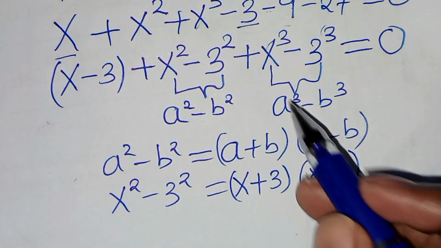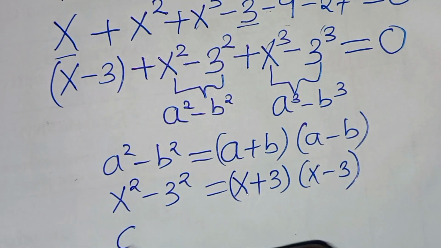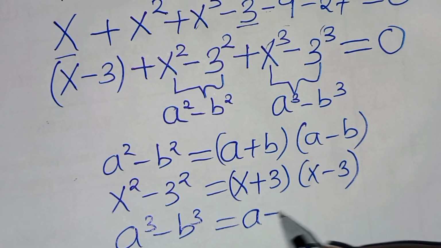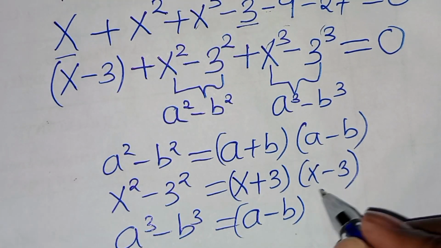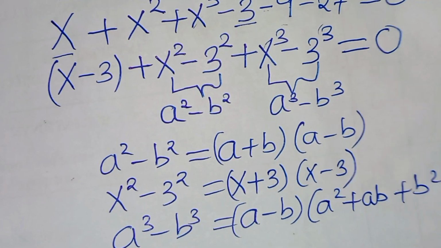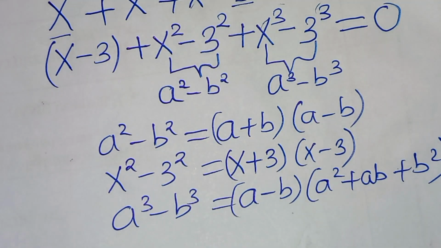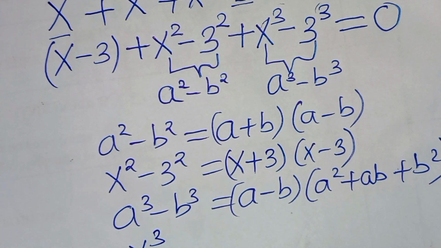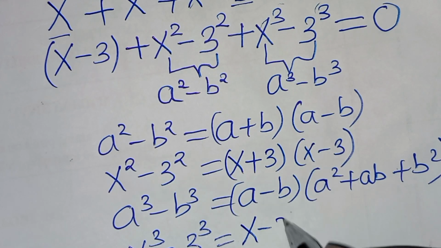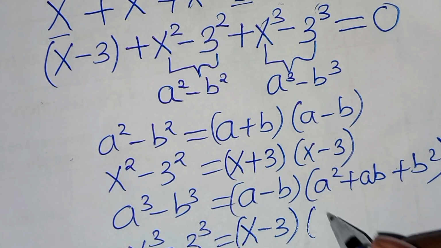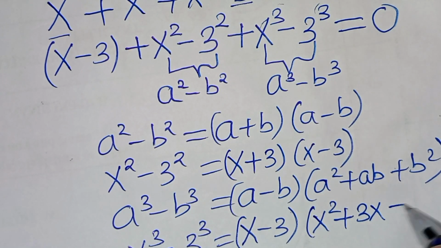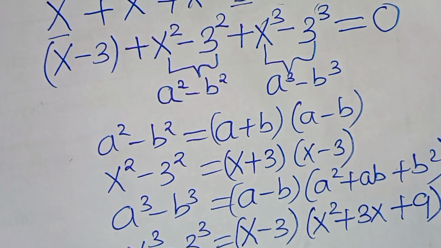The difference of two cubes, a to power 3 minus b to power 3, is a minus b, then a squared plus ab, plus b squared. So x to power 3 subtract 3 to power 3 can be expressed as x minus 3, then x squared plus 3x, plus 3 squared, which is 9.